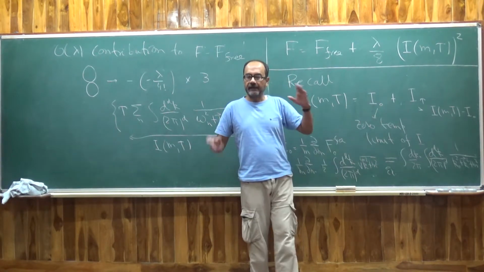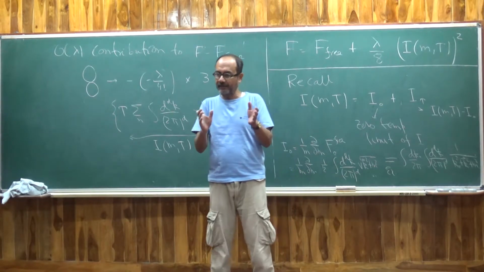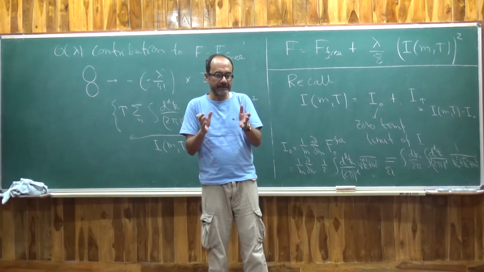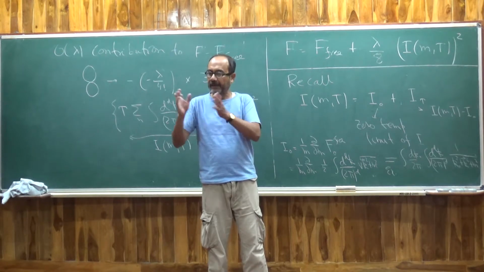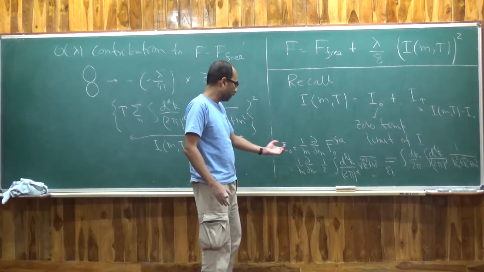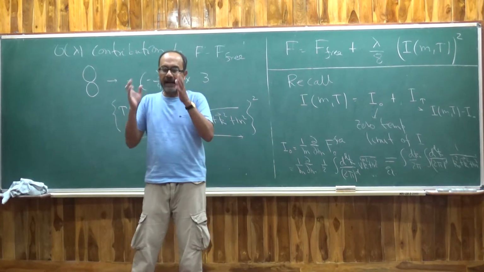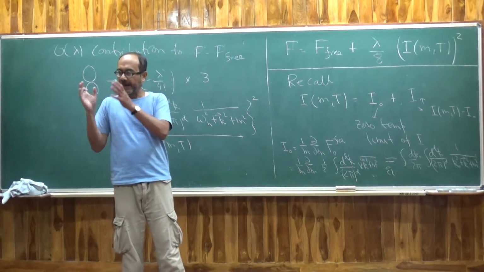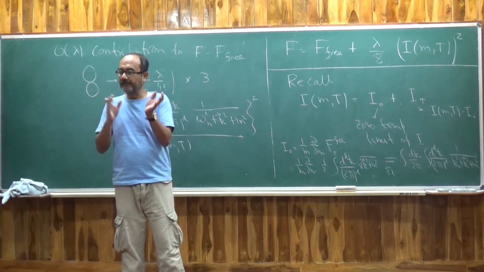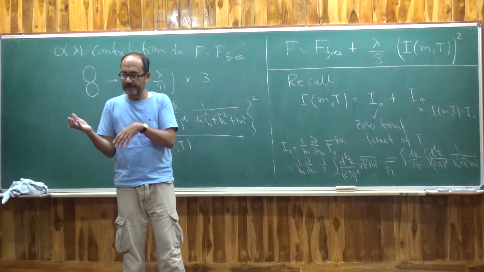I, which we calculated independently, also had ultraviolet divergence, and then we subtracted I0, which was calculated from this formula over here. We found that while I has ultraviolet divergence and I0 has ultraviolet divergence, I minus I0 doesn't have ultraviolet divergence, right?